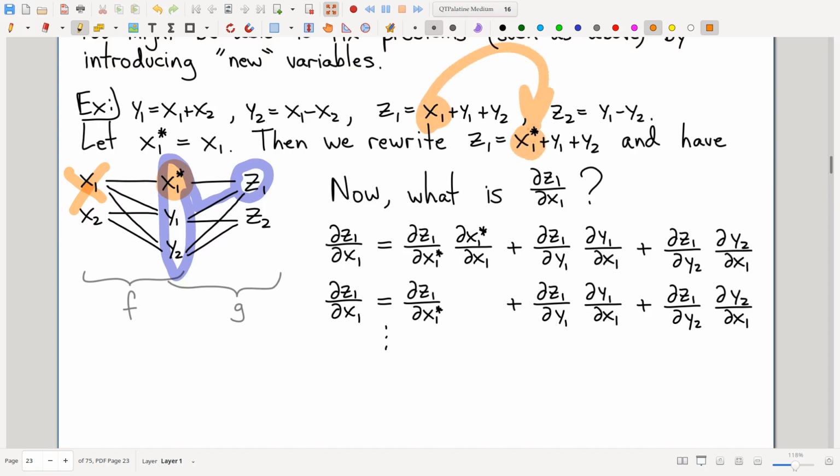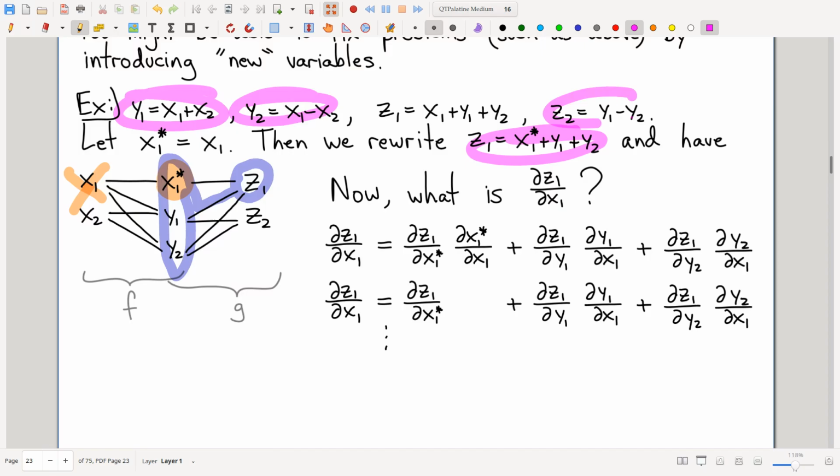It's going to plug in. Right, this old equation where Z1 had a dependence on X1, nope, now it depends on X1 star. And we're now going to consider this collection of equations. Throw that one away. Morally equivalent to what I've written down here. It's the exact same thing.